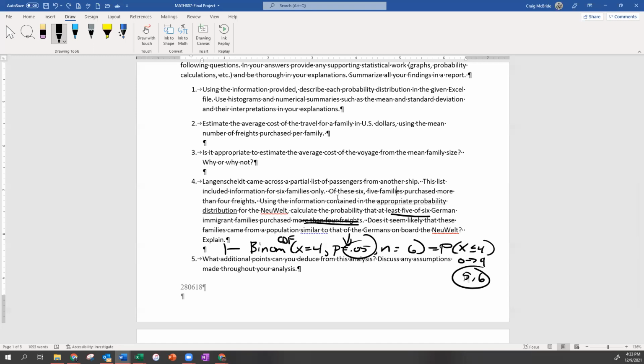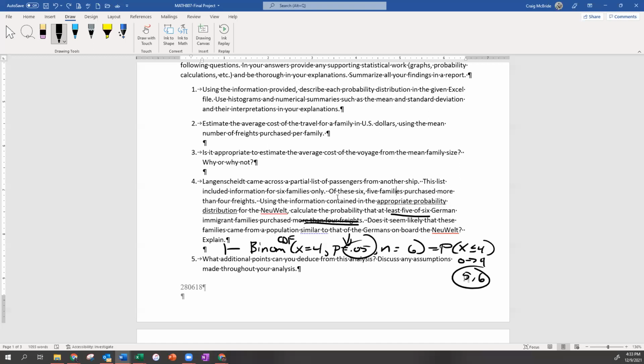Right? So that alone tells you that it's probably not from the New Wealth data. But then we run the numbers and get an actual probability, and that actual probability is going to be very, very small. And that's what gives us actual numerical support to what our instincts already tell us should be the answer.